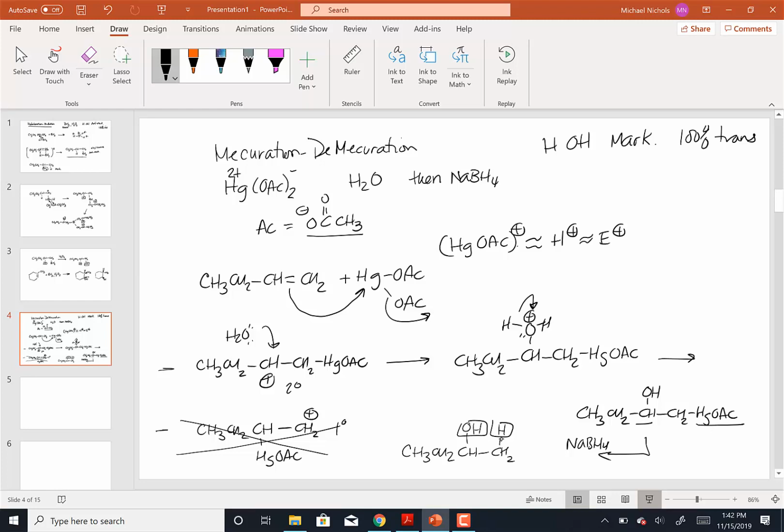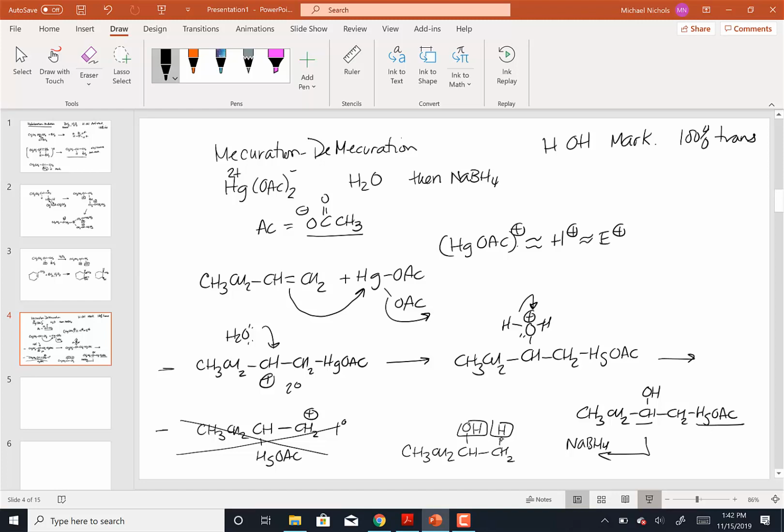Got to go back to Wednesday. Ultimately, my water's adding to what kind of intermediate? Carbocation. What happens when you have a carbocation intermediate?